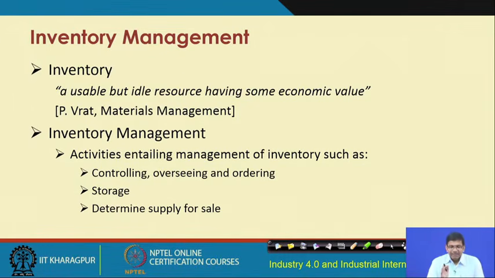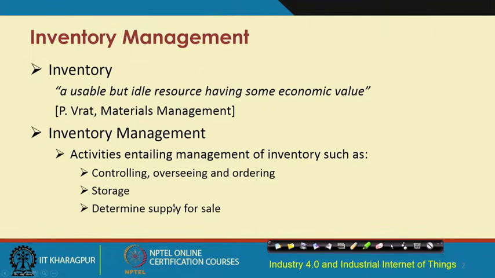Activities that would entail the management of inventory include controlling, overseeing, ordering, storage, then determining the supply for sale. Because you do not want to sell anything that is out there. You need to determine, based on your supply, how much you are going to sell, and the optimum sale that can be achieved through the supply.